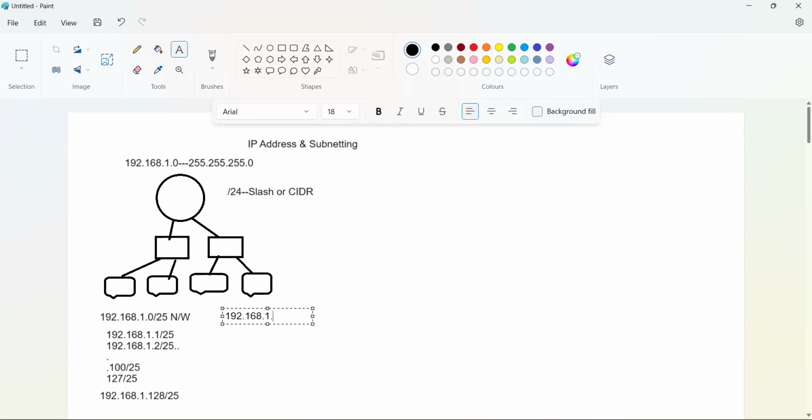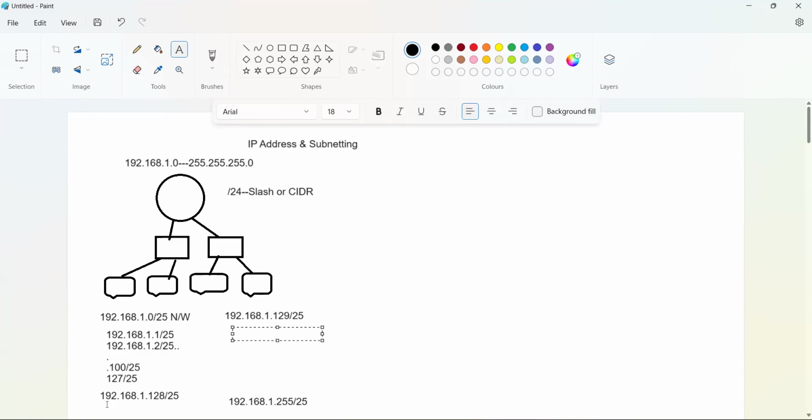Fine, no doubt. And the first host address is 129. It will start, and the slash value is 25. Same thing, it will move up to 192.168.1.255, the last broadcast address, and 25 is the subnet mask CIDR value.